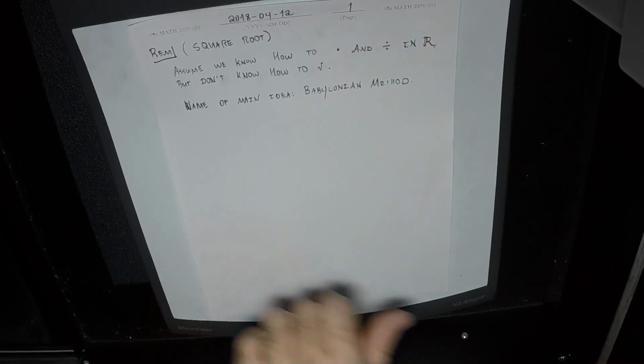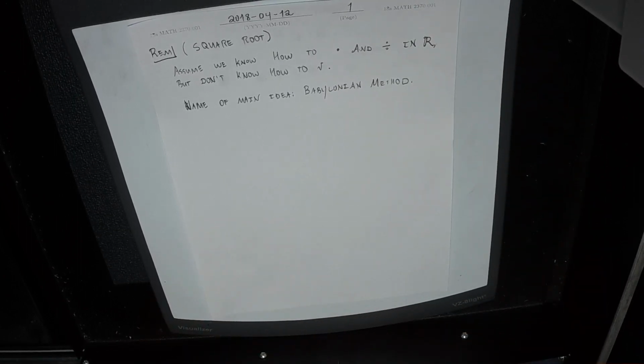Now, for those of you who are interested in history, yes, I believe it is a fact that the Babylonians used this method, but I don't think they invented it. I think it was invented in at least two independent places and before the time of Babylon. I think that's the actual historical fact.